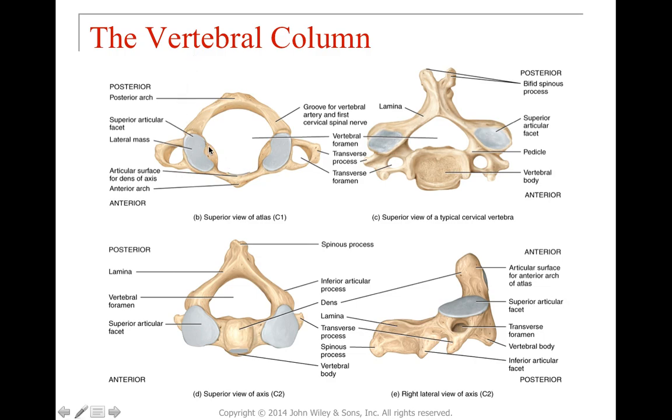All right, so this is one vertebra. This is C1. Here's the posterior arch and the anterior arch. In addition, we're going to have articular facets here, which are where we articulate with the vertebrae above and below. This is going to be a groove for the vertebral artery and for the cervical spinal nerve, and every single one is going to have nerves and arteries leaving out through these regions.